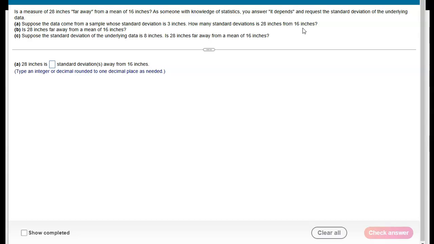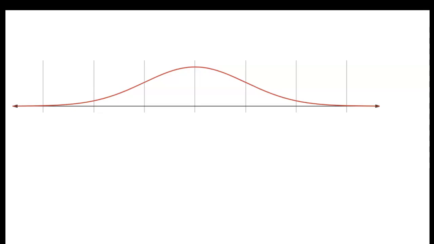So we're going to use standard deviation as a yardstick, and I'll show a diagram of that in a second, to ultimately answer if 28 is far away from a mean of 16 when the standard deviation is 3. So here I'm choosing the normal distribution, but I really don't need that red curve here.